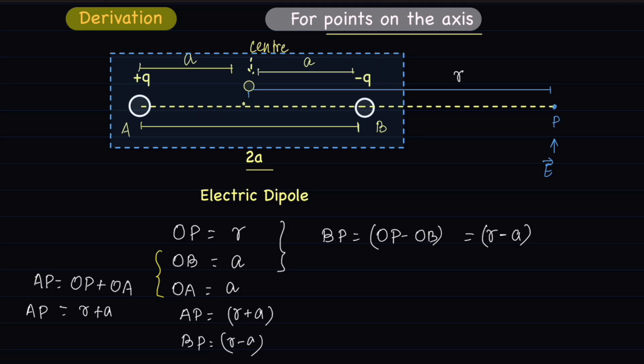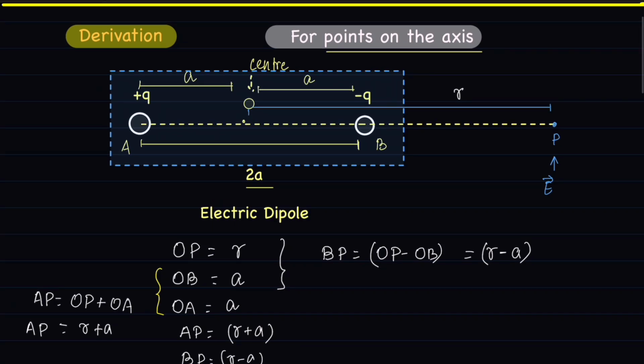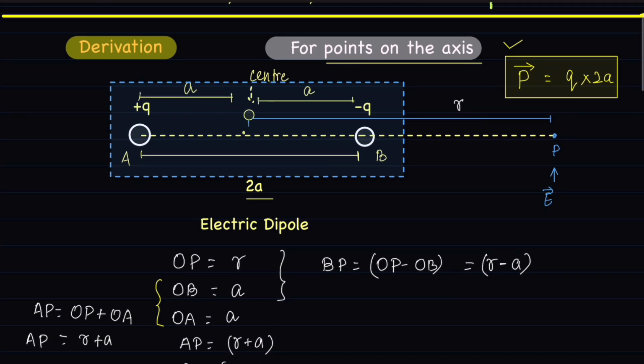Now we have to know one thing. The dipole moment of the electric dipole, if we denote it as P vector, is equal to the charge q times the distance between the charged bodies, which is 2a. We are going to use this relation later. And second, the electric field direction is from positive to negative.